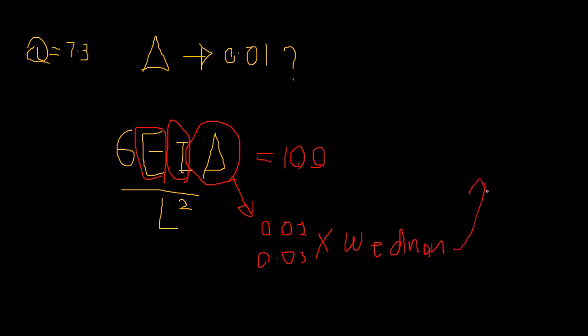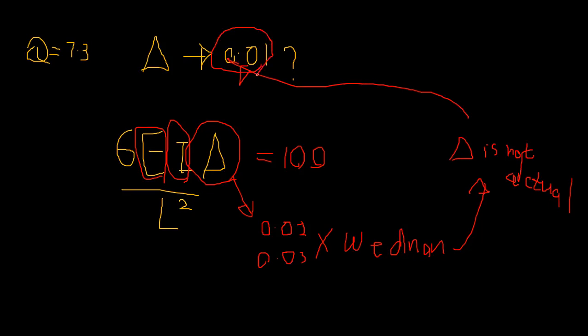So the only thing we know is delta is not the actual value. Let's say this is the actual value, right? This is also just to teach you. So if this is not the actual value, what can you say about the q?